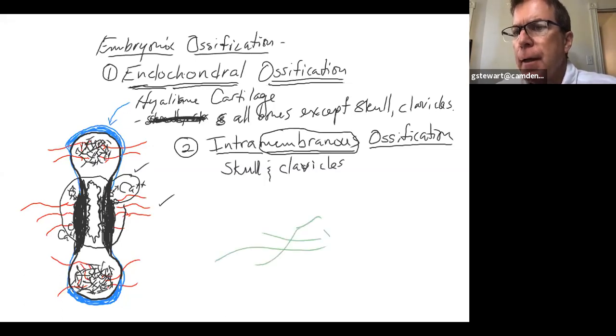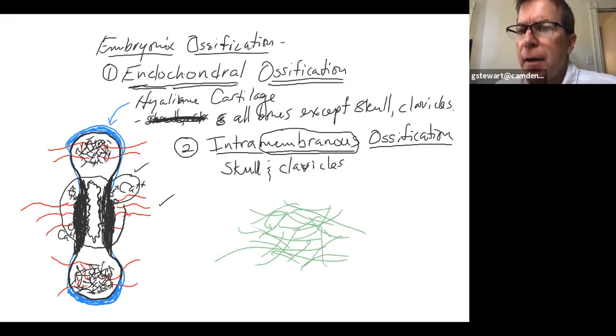There's an ossification center, a primary ossification center, that appears in fibrous connective tissue, not in cartilage. So here's some fibrous connective tissue looking like areolar connective tissue, but this is embryonic, and we've got mesenchymal cells in this embryonic tissue that differentiate into osteoblasts.